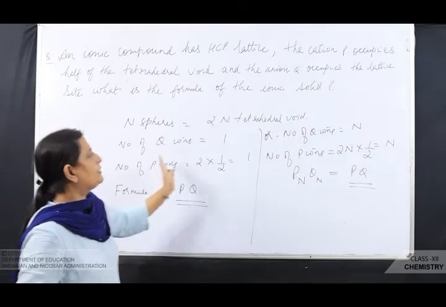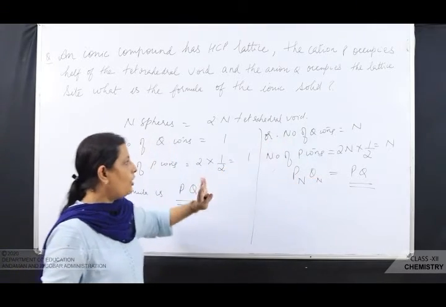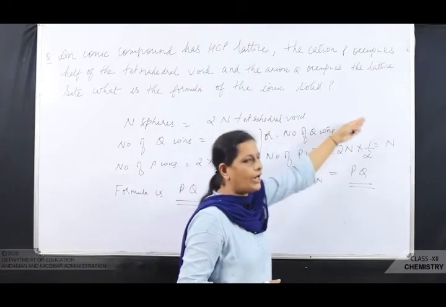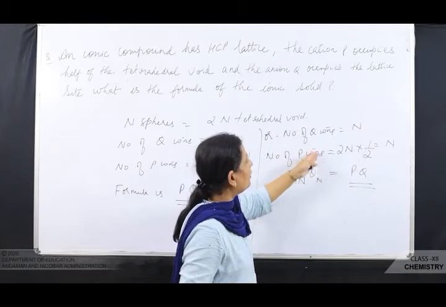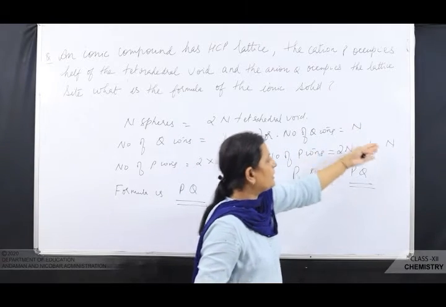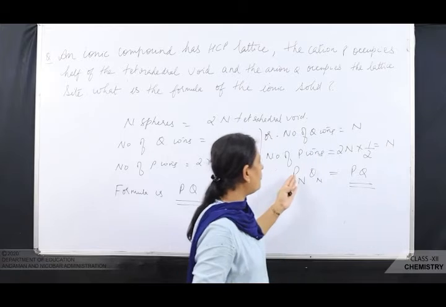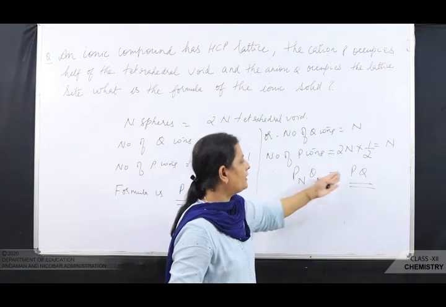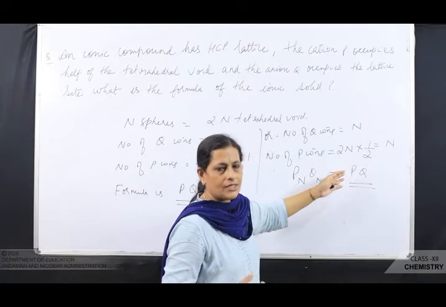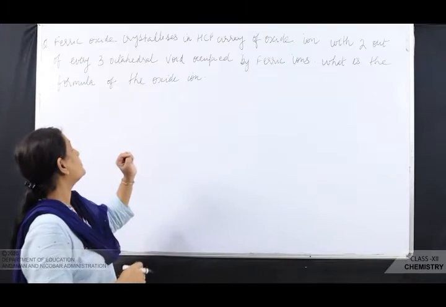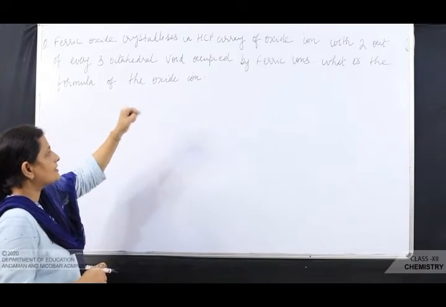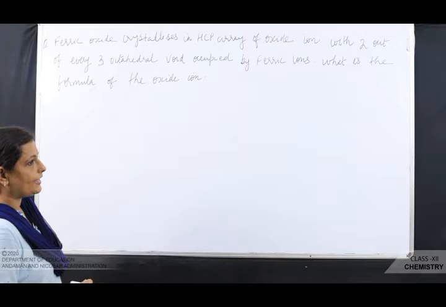Whatever way you do it, you will get the same relationship. Or you can take the number of Q ions as 100. Then the number of P ions will be 200, and half occupied again comes to 100. So, the formula will be P100 Q100, which is again PQ. Is it clear?